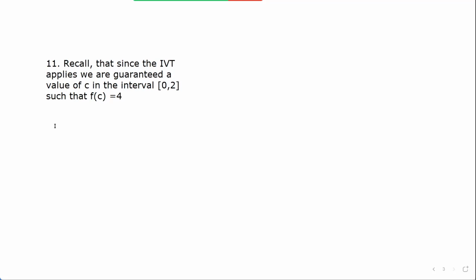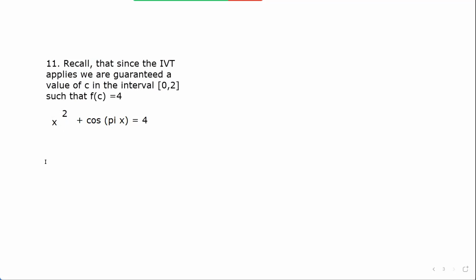Now, what is my function? Well, my equation was x squared plus cosine pi x is equal to 4, right?